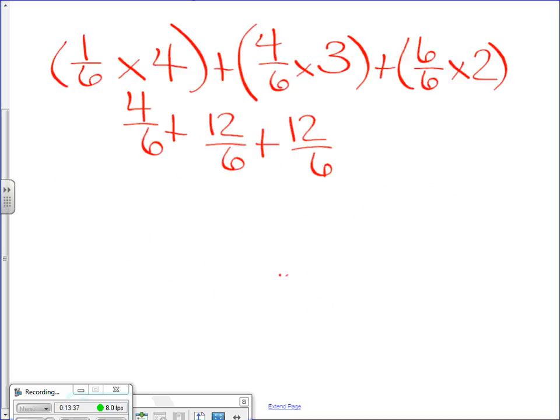I know that this is 2, and this is 2. That's 4. And then it's just 4 and 4/6. But you have to simplify that.